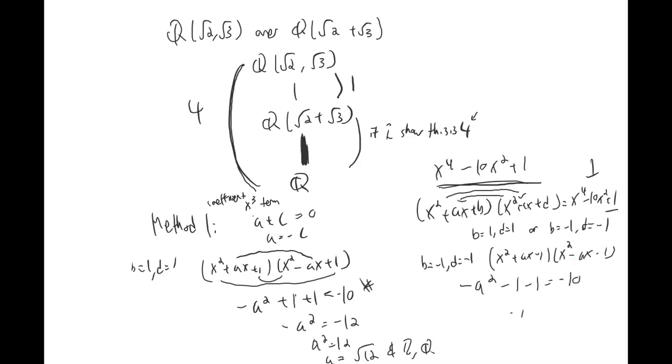So negative a squared is -8, so a squared is 8, and a equals square root of 8. This is not in Z or Q. If you're not comfortable with that lemma, it's not even in Q. So you're going to get a contradiction. So you can't factor as a product of two quadratics, so this thing is irreducible.